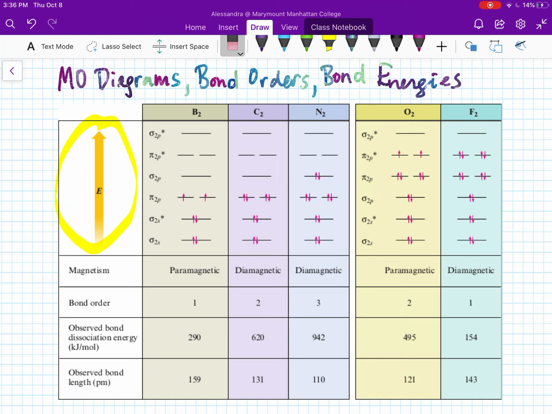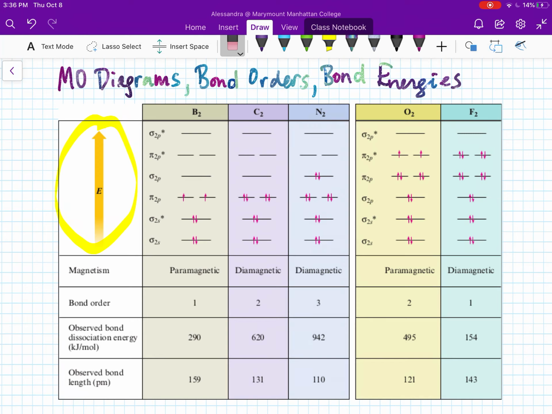What's important for you to know is that for nitrogen and carbon and boron and any diatomic lighter than that, this is the order I expect for the MOs. For oxygen and fluorine, the order is as it's shown here.